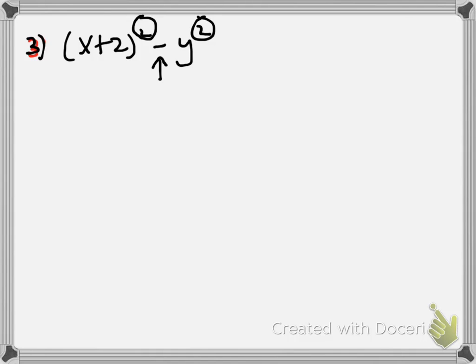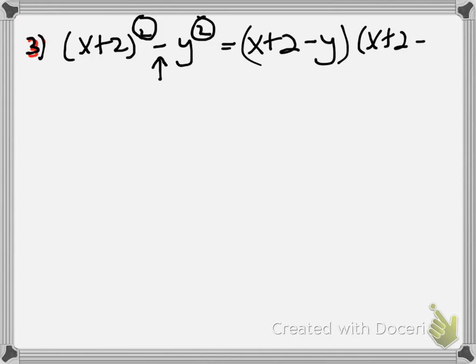So that would be the square root of x plus 2 squared, which is just x plus 2, minus y, and x plus 2 plus y. Okay, there you go. We're done. x plus 2 minus y, x plus 2 plus y.